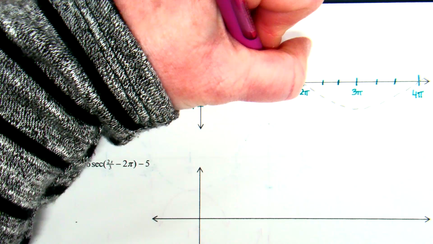We need asymptotes. So I have an asymptote at negative 2 pi over 3, positive 4 pi over 3, and 10 pi over 3. My first parabola is opening up. My second parabola is opening down.